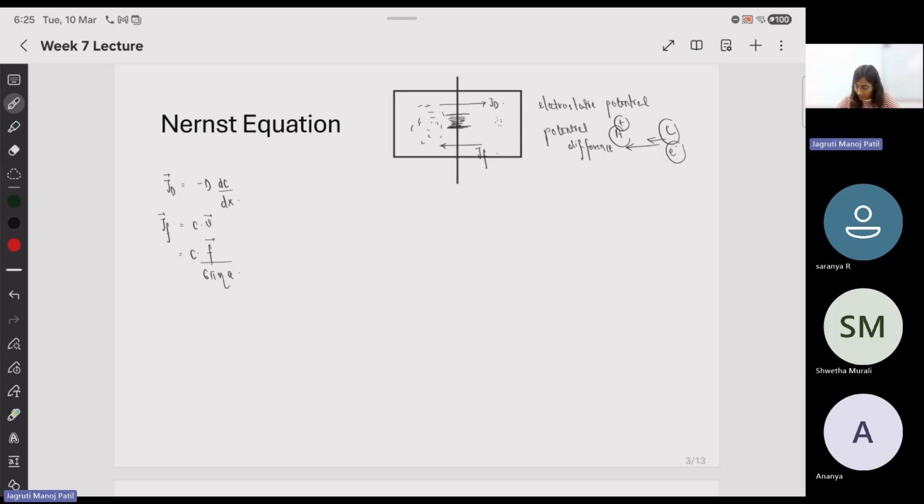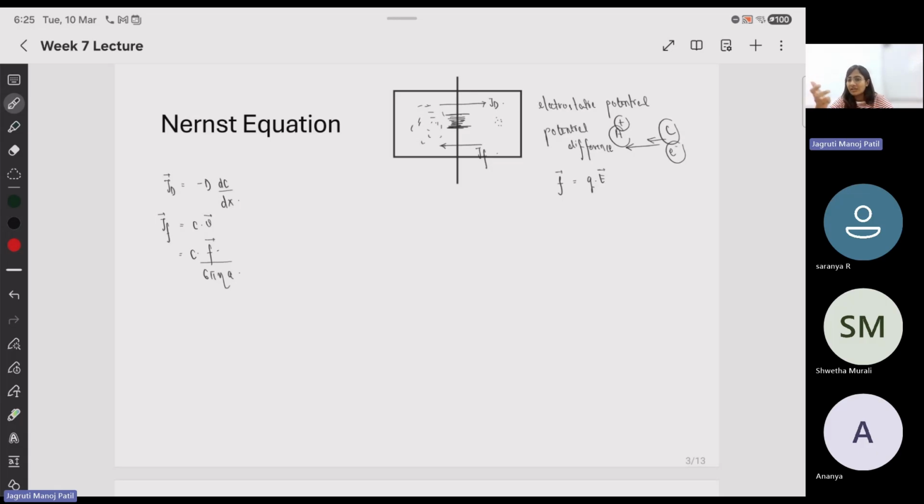Since this is the force, it is due to the electrostatic potential. Through physics, it is defined as charge times the electric field that it experiences. Electric field is a vector, which has a magnitude and a direction it follows. It's a field. You might have studied in class 10th, 11th, 12th the right hand thumb rule: if potential is coming from one direction, current is flowing in another direction.